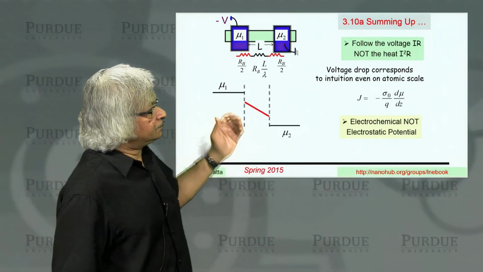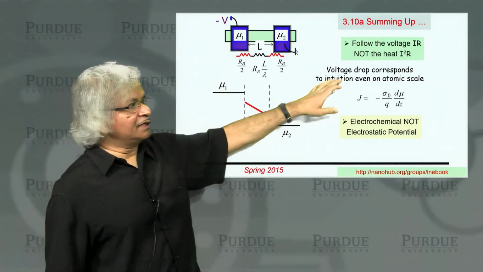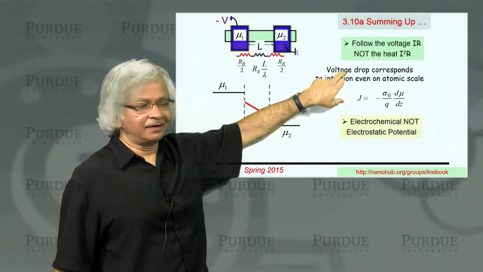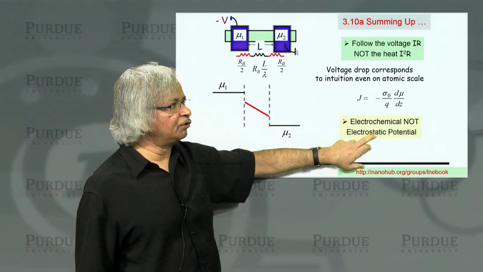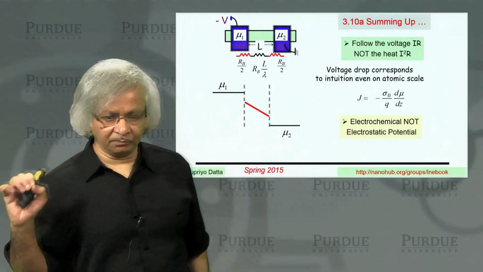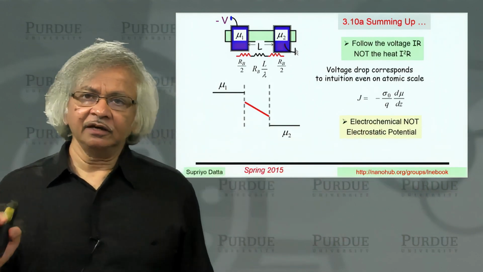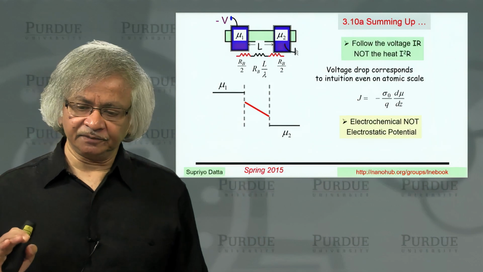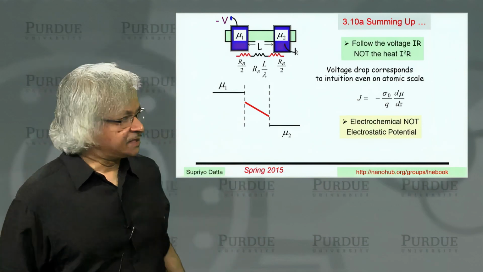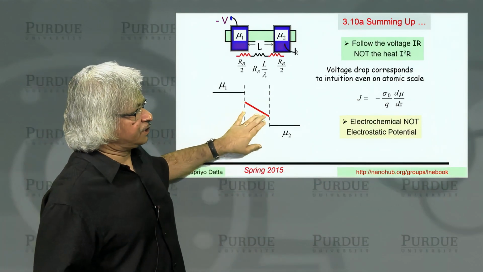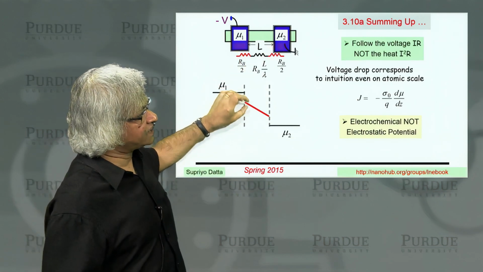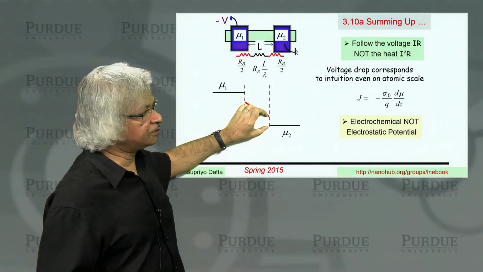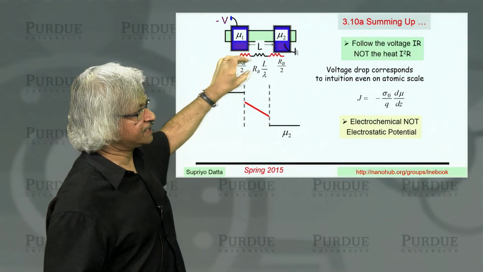Now, the second important point was: what is voltage? There I made a point that we should associate voltage with the electrochemical potential and not the electrostatic potential. Because if you looked at the electrochemical potential in a device like this, you'd see these drops at the two ends, which you could then associate with the resistances.